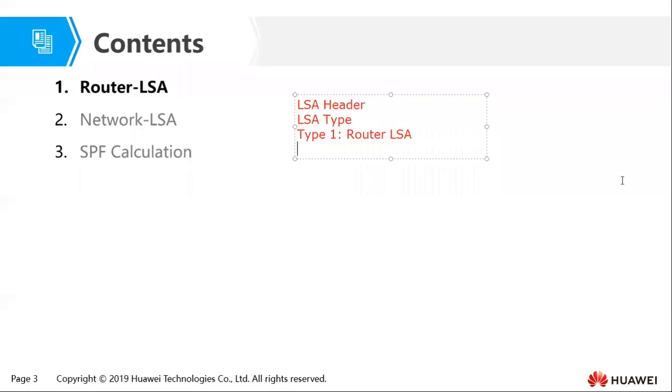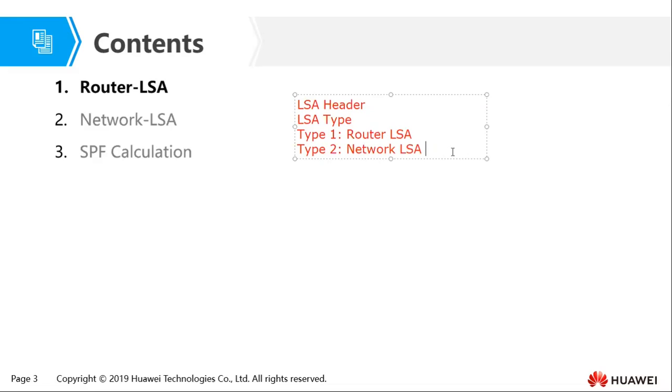Remember, LSA is simply a link state advertisement. It's the one that carries summary information about networks. Then we have type 2 LSAs, which are what we call the Network-LSA. We also have type 3, type 4, type 5, and up to type 10 or so, but in this training, we're only going to go up to type 7.